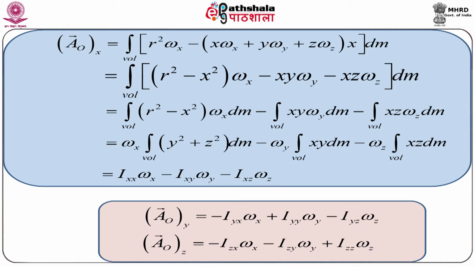Since angular momentum is the moment of momentum, we have r_i vector cross m_i v_i vector. As we are considering a system of particles with large number, i varies from 1 to n and we take limit n tends to infinity. If we assume mass density of a rigid body, then summation can be interchanged as integral and we get the result as this one.